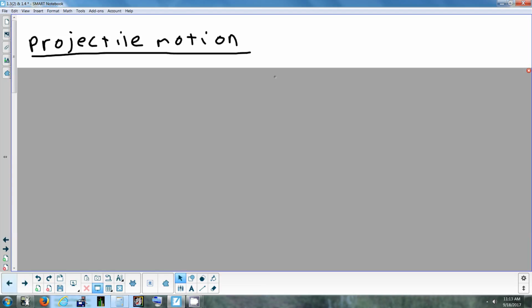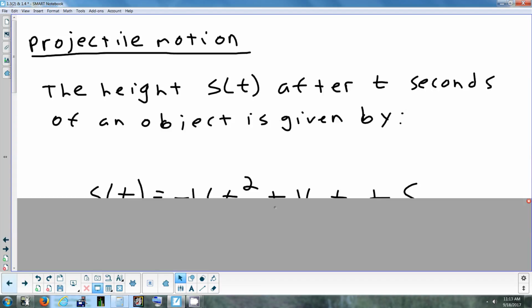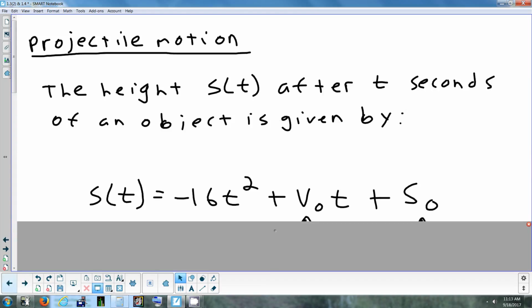All right, so the next thing we'll look at in this part is called projectile motion. Projectile motion is basically if you throw an object at a certain angle, and maybe it travels in an arc. Technically the formula for projectile motion is a little more complicated than this.